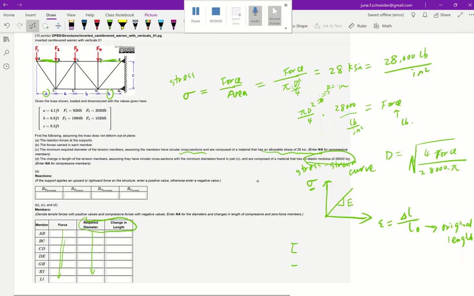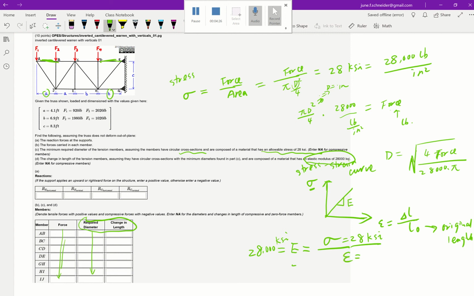So the elastic modulus E for mine is 28,000 ksi. That's going to be my stress, given as 28 ksi, over this strain.